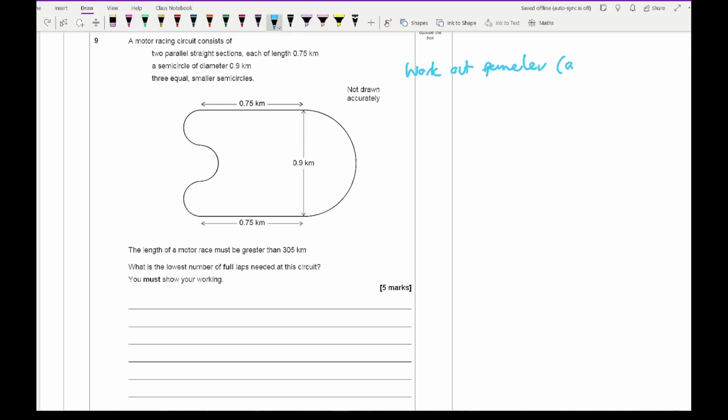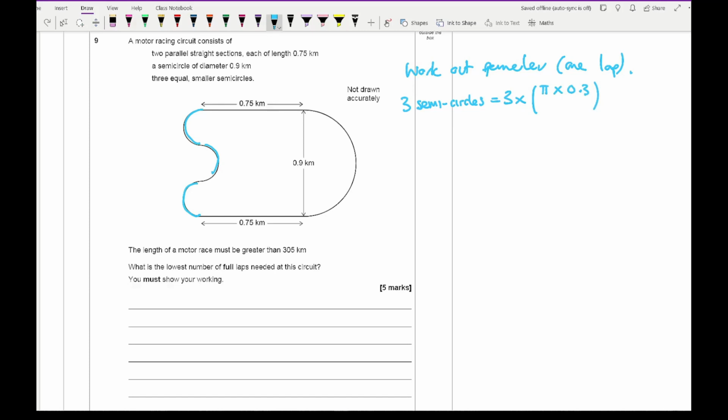In other words, we notice that we've got a couple of sections. So here we've got these 3 semicircles, and that's going to be 3 times, and then to work out the circumference of a semicircle, it's pi times the diameter, divided by 2.